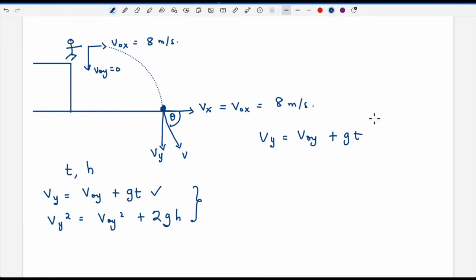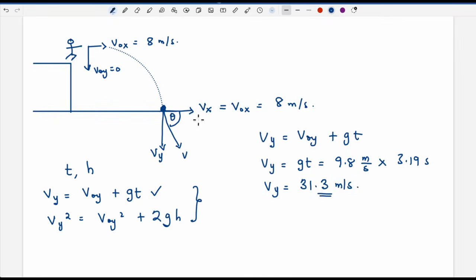Okay, so that sets this equation Vy to be gt equals 9.8 meters per second squared times 3.19 seconds. So our Vy is going to be equal to 31.3 meters per second. So that is our Vy.